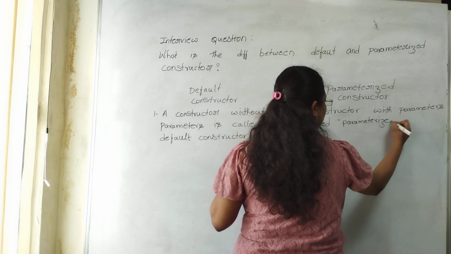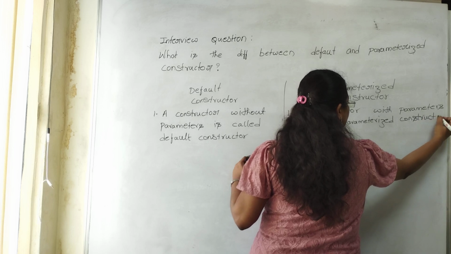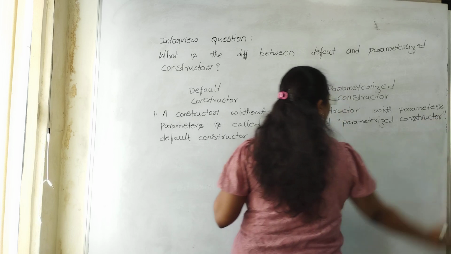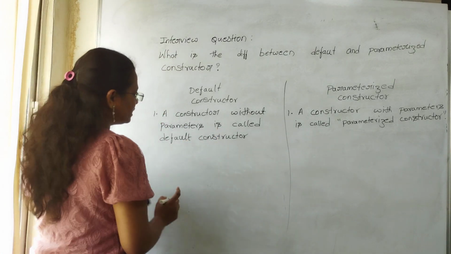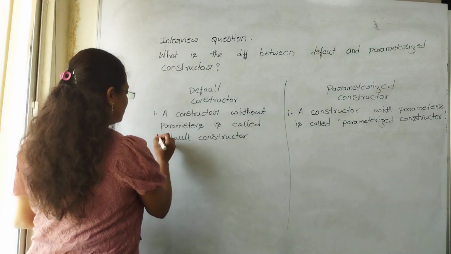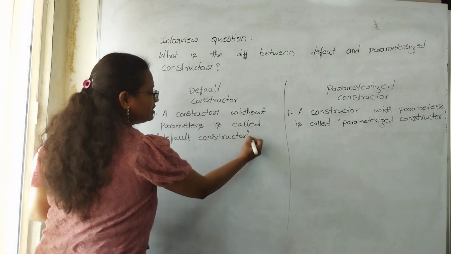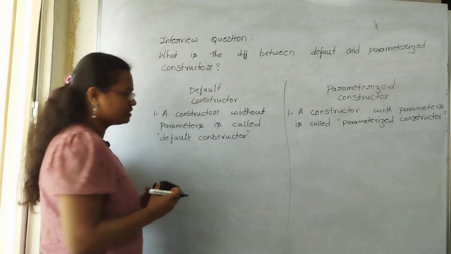So this is what we call a difference between default and parameterized. What is another difference? Most people mention only these two points, but this is not the exact difference between your default constructor and parameterized constructor.